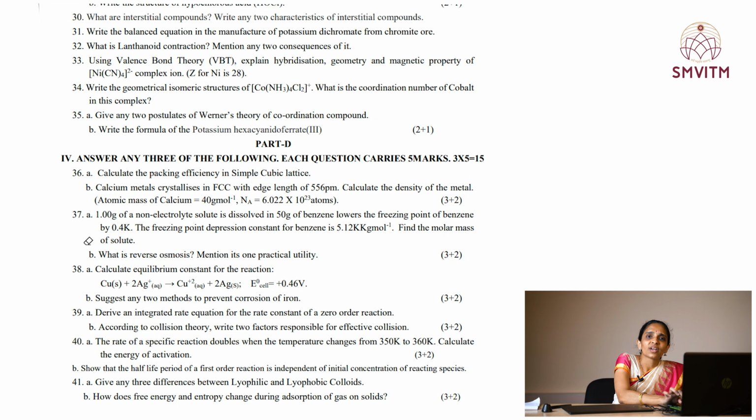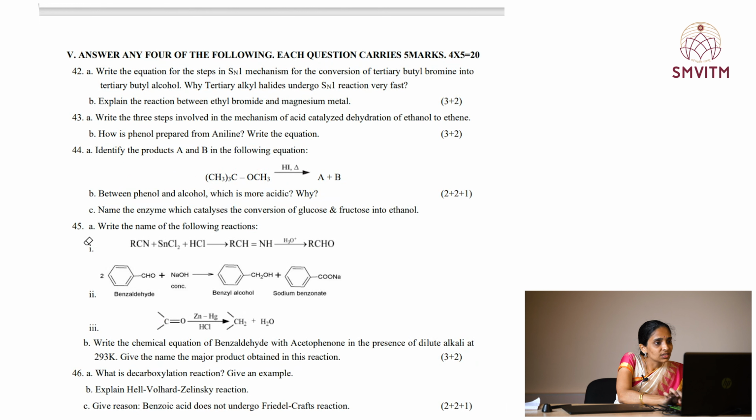Moving on to the last part of your question paper, that is part D, Roman number 5. This part is meant for organic chemistry, the biggest part of your textbook. As you are well aware, there are many units in organic chemistry.